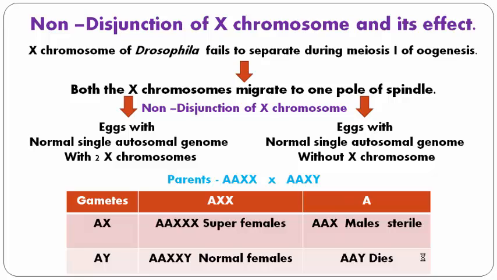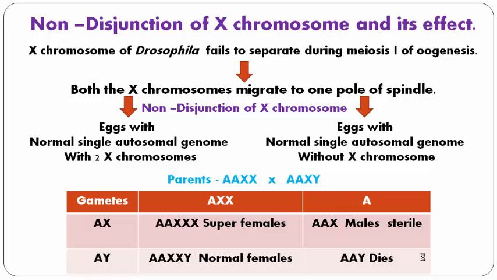Those offspring with three sets of autosomes and three X chromosomes will have the same sex ratio as found in normal females and therefore will be females with a triploid chromosome number.